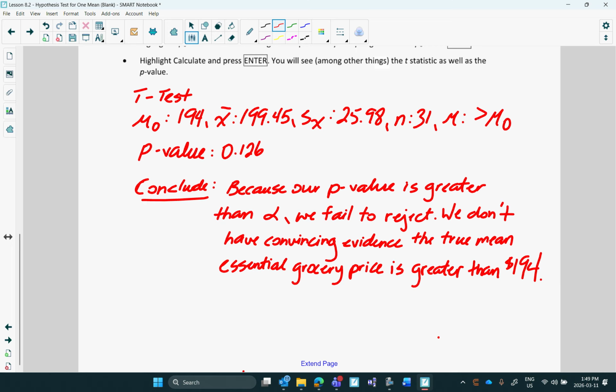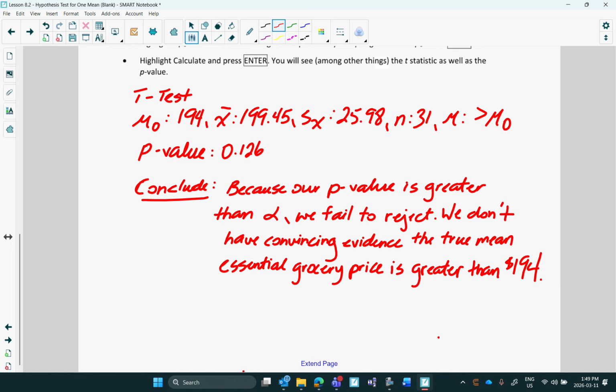Extra question. Given what happened, could I have made a type 1 or type 2 error? I know, it's hard. Do you remember type 1 and type 2?